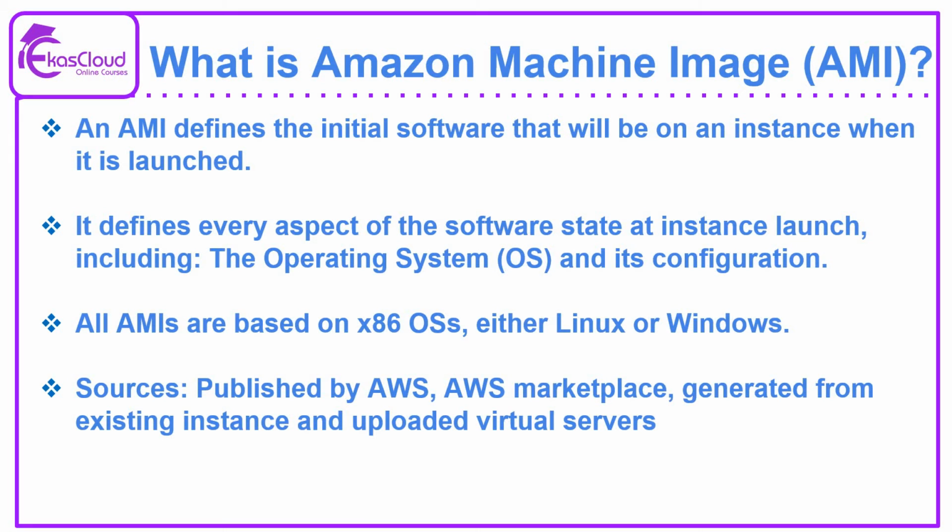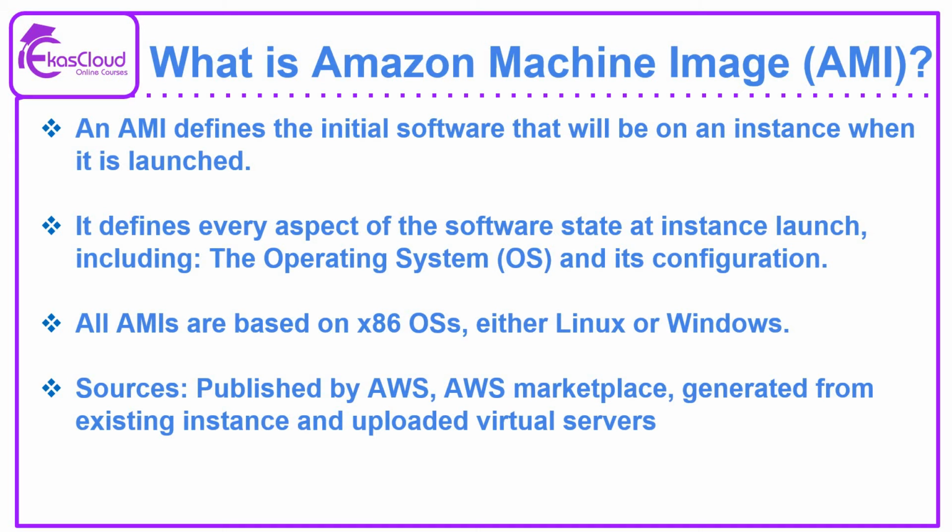There are the ones that are published by AWS, which I believe are the most popular. These are the ones that when you go onto the console, you'll see the different types of instance that you can launch and then make use of.